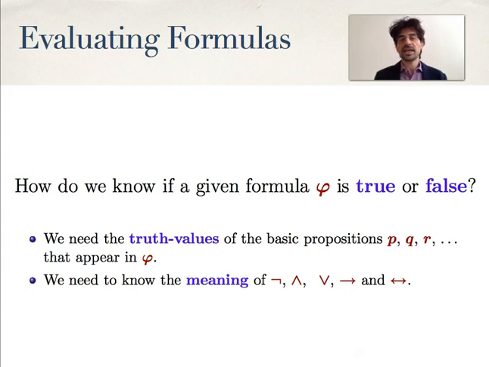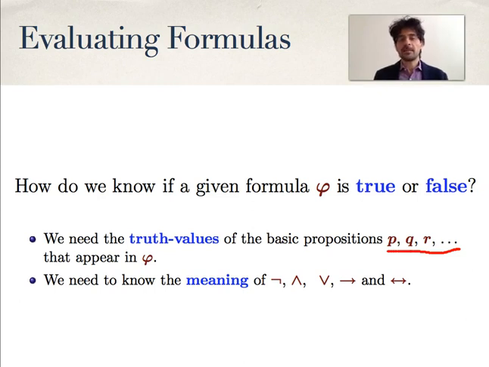The general strategy to assign a truth value, true or false, to a given formula will consist of two steps. There will be a basic step where we assign truth value to the basic propositions P, Q, and R. So remember, these are the atomic propositions, and they are denoted by lowercase letters.